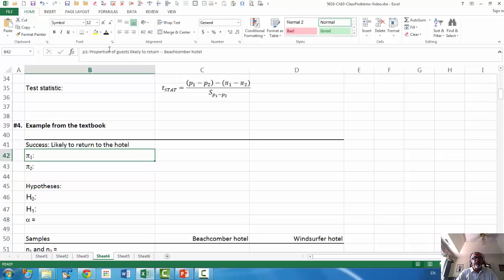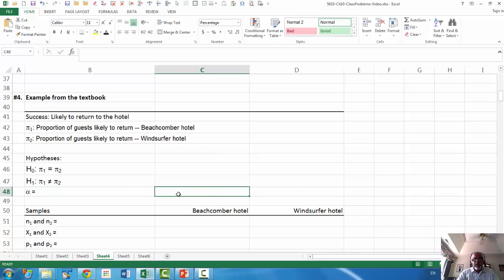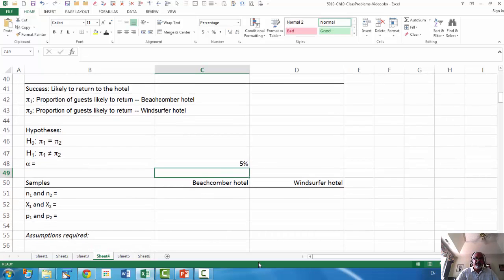Pi sub 1 is the proportion of guests likely to return in Beachcomber Hotel, and pi sub 2 the same for Windsurfer, and we want to test whether these two proportions are the same, as against the alternative that they are not. Let's test at the 5% level of significance.